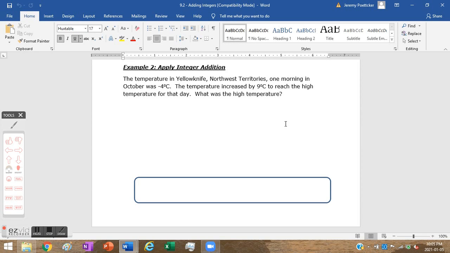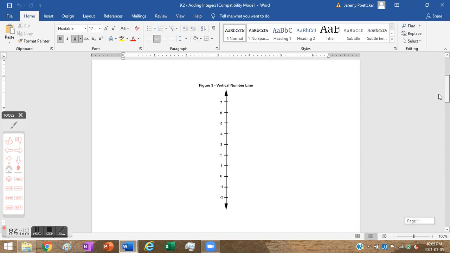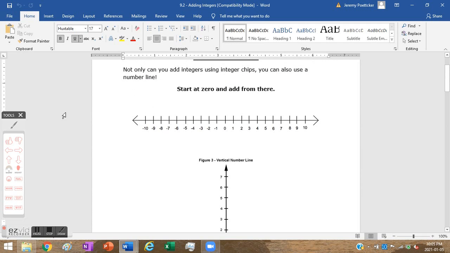So if we did this on our number line, let's go back. You can draw your own or we can use one of these on the very first page. So we start at -4, and then we've got plus +9. So we go -4, and we go 9 up from there. There we go.